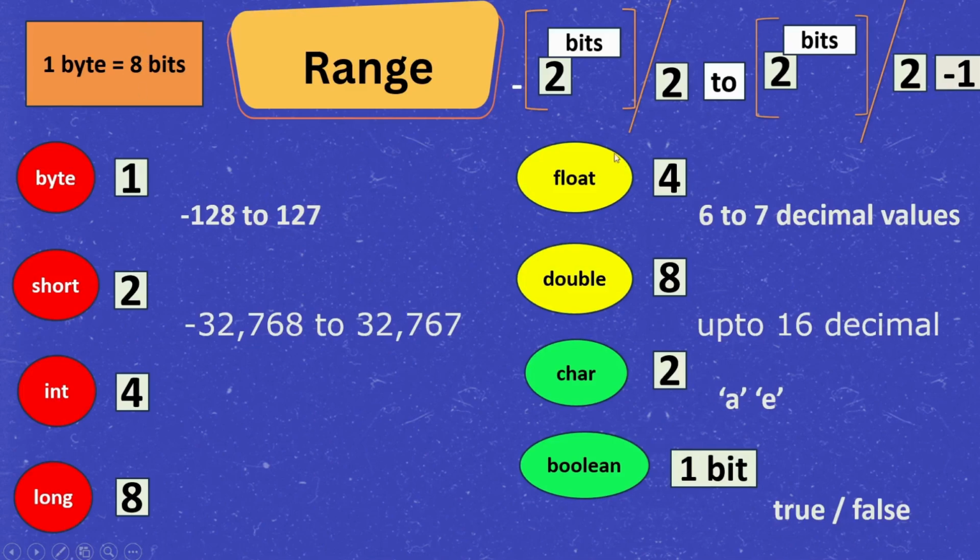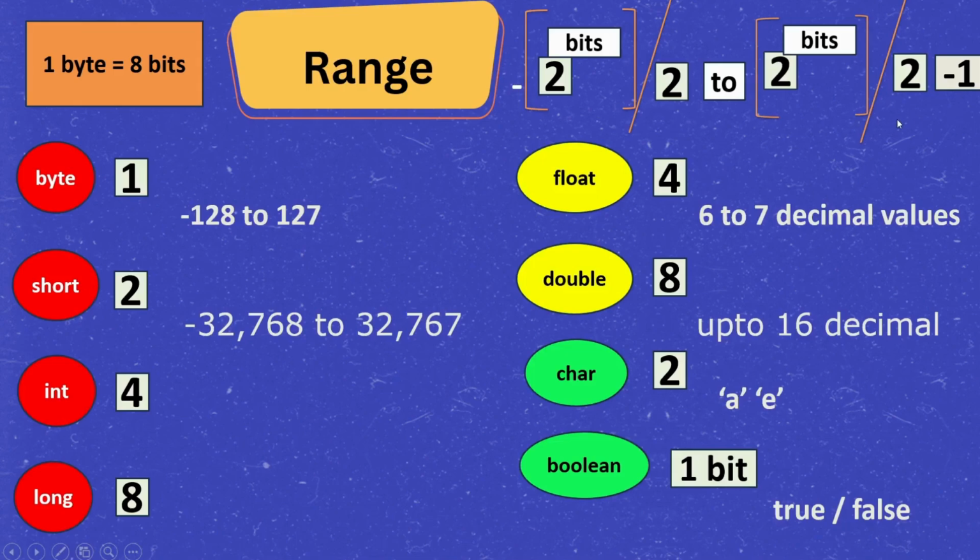So we have 8 bits. If you are calculating for byte, the starting range will be minus 2 to the power 8 bits divided by 2, and the ending range is 2 to the power 8 bits divided by 2, and then from this value you subtract 1.